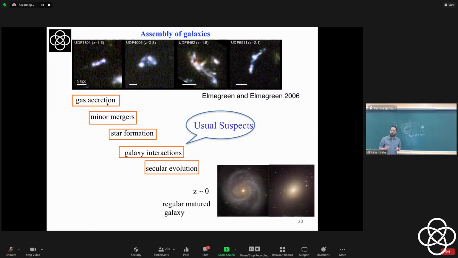The question is, how do I quantify this? Right? Because once the merger happens in a galaxy, you don't see the signature anymore. Sometimes you see a disturbed environment, but if it is a minor merger, then the ratio is 10.